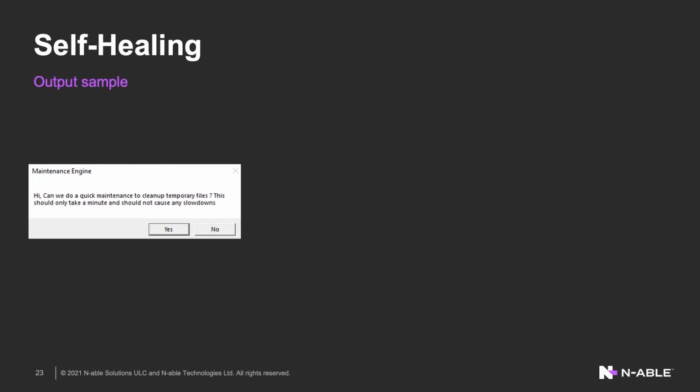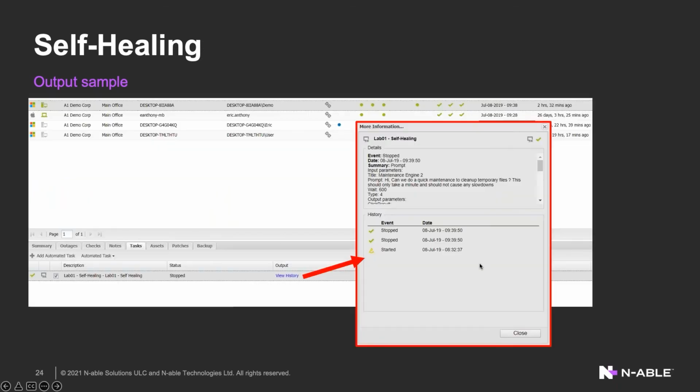The user should see something like this in that previous example, and then when it runs, you see the output it produces in here, and then you can see things like when it ran, whether the user agreed, and so on.